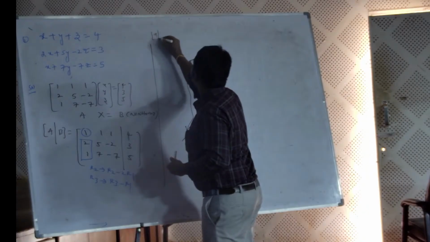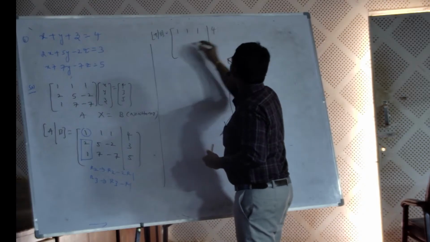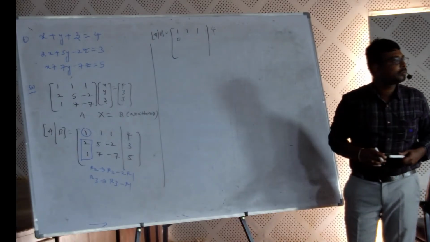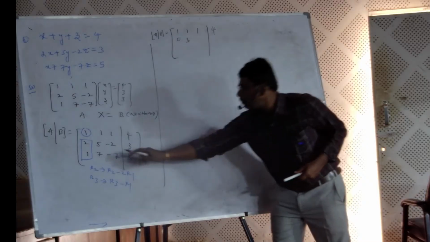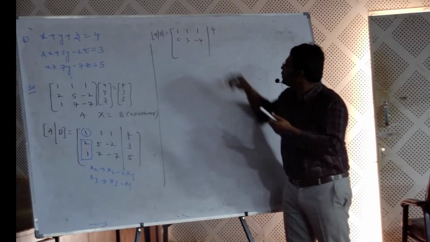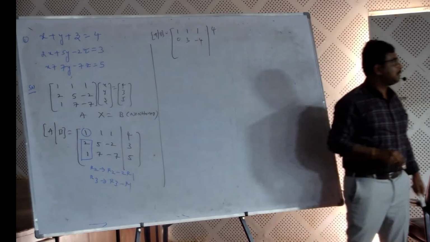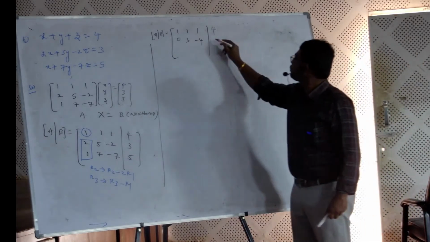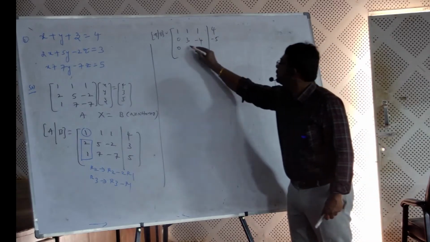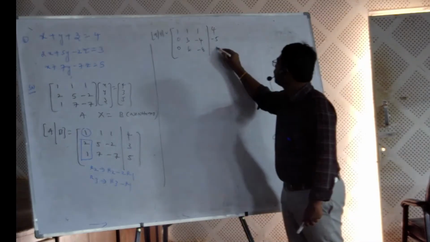A by B is equivalent to 1, 1, 1, 4; 0, 3, -4, -5; 0, 6, -8, 1.